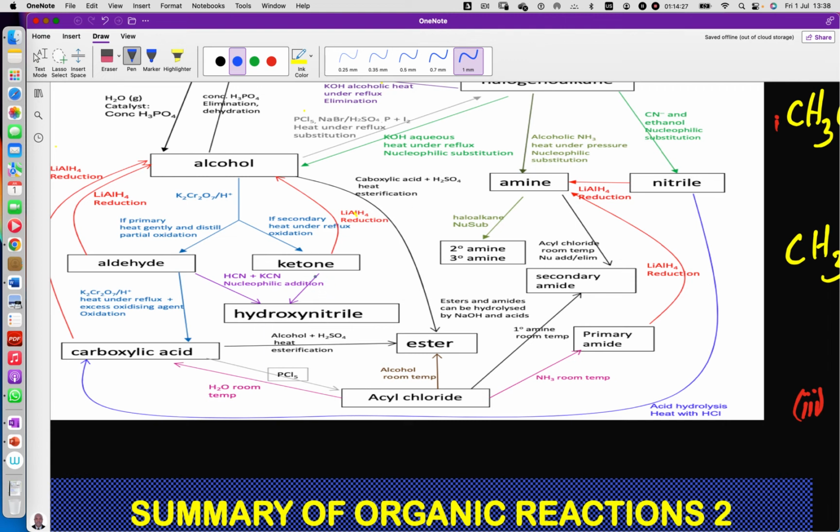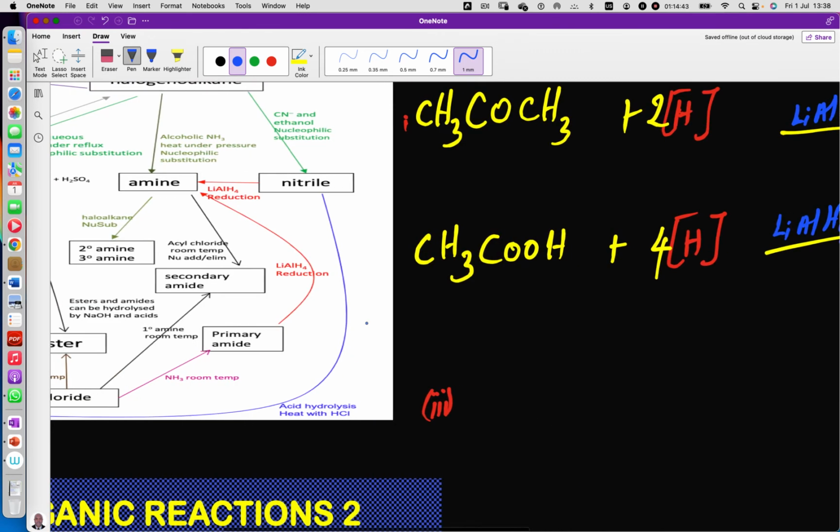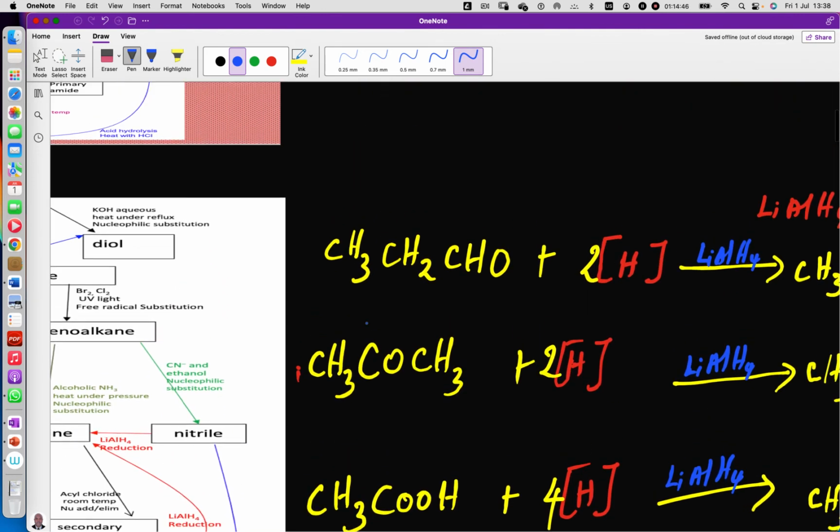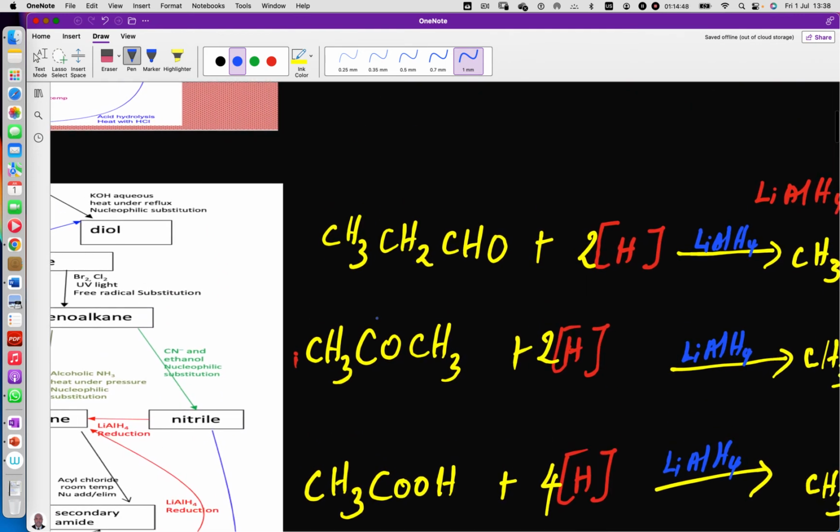It is now the cyanide ion that is going to act as a nucleophile, added onto the aldehyde or onto the ketone, and the product will be a hydroxyl nitrile. Let me give you an example there for you to understand.